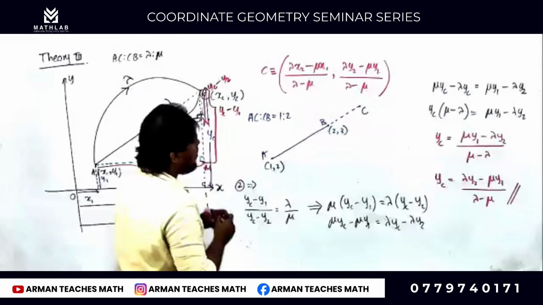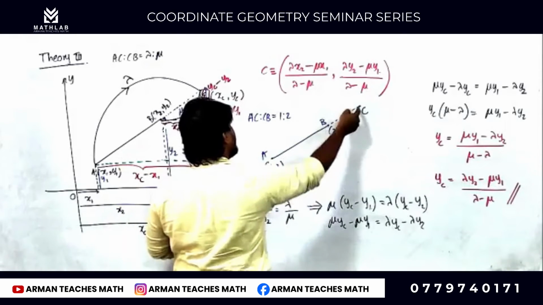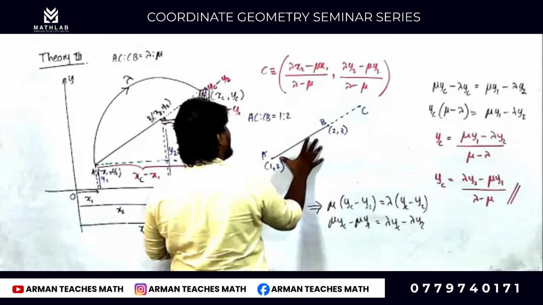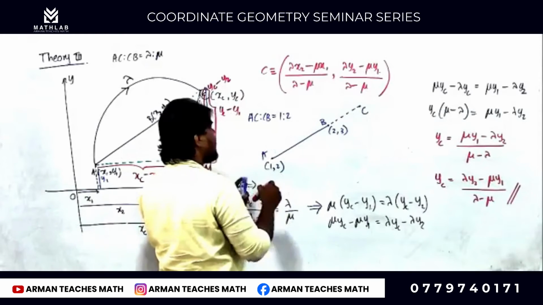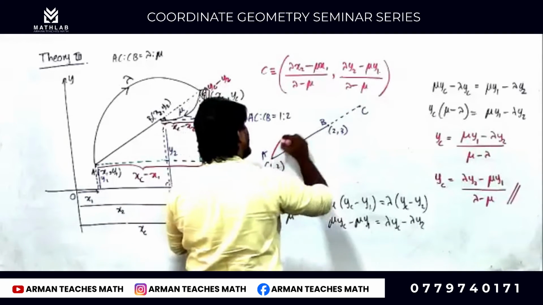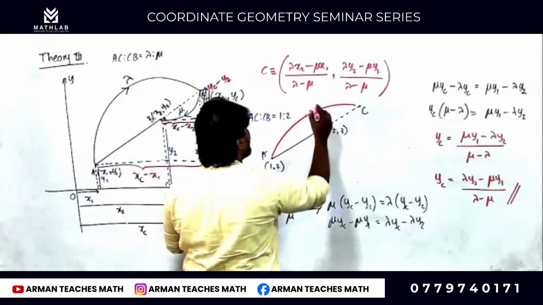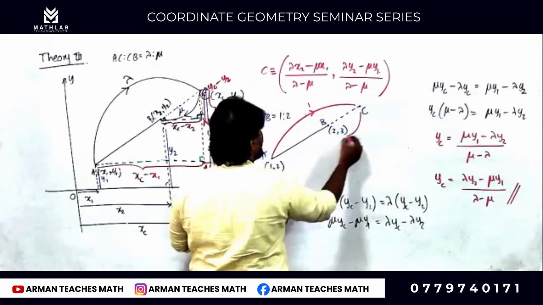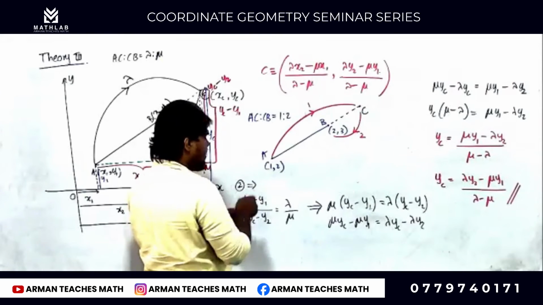Listen carefully. C is the external point that divides the straight line segment externally. AC is to CB means A to C is 1, C to B is 2.